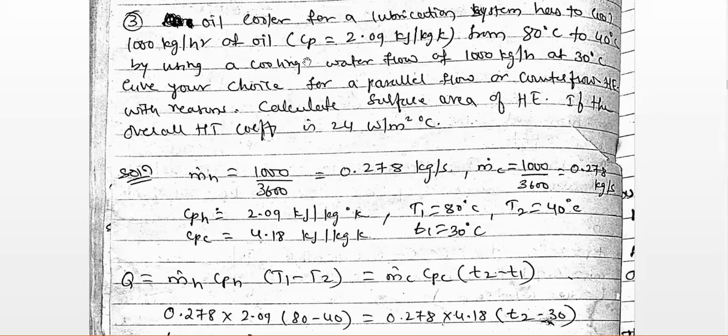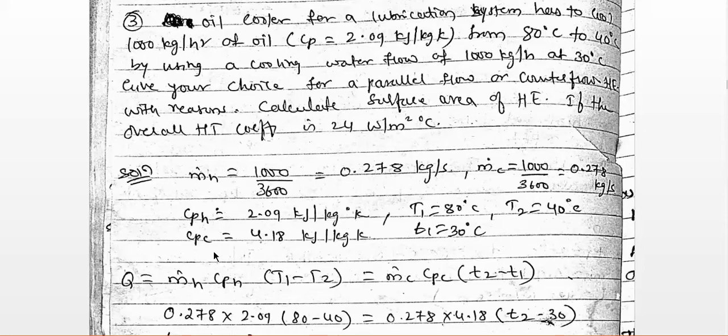Next, you have to convert the specific heat of oil, which is given as 2.09 kilojoules per kg Kelvin. Please convert this specific heat: 2.09 into 10 raised to 3 joules per kg Kelvin.